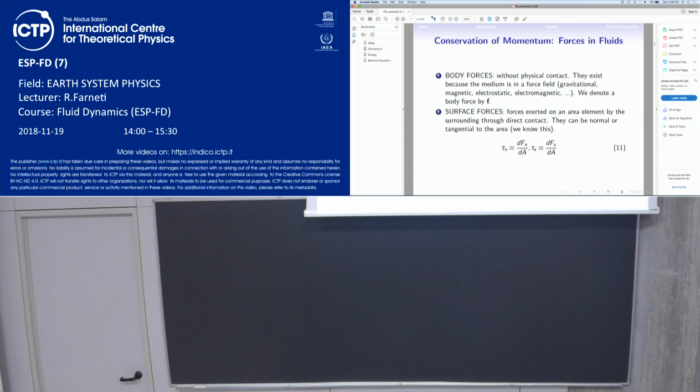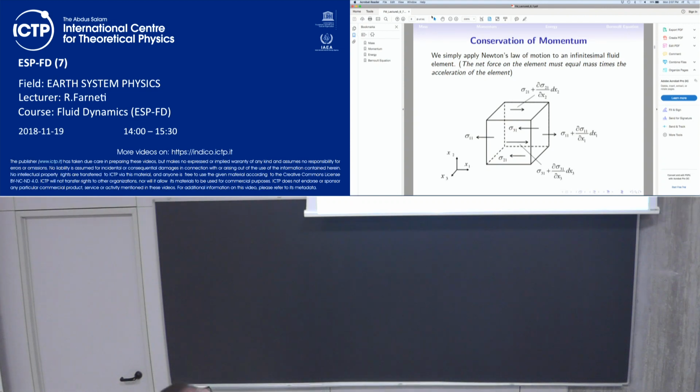We just looked at the gravitational field, but it could be any other kind, electromagnetic or whatever. The second kind is surface forces, exerted on an area element of the fluid element, with a normal component and a tangential component.